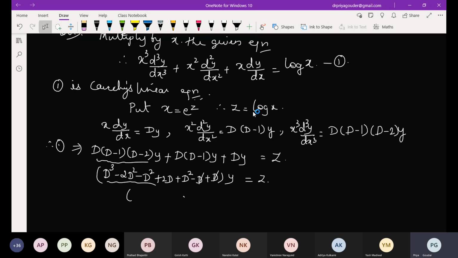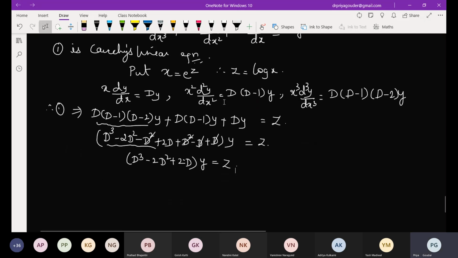Plus D square minus D square also goes. What remains then? D cube minus 2D square plus 2D into y is equal to z, am I right? Yes.